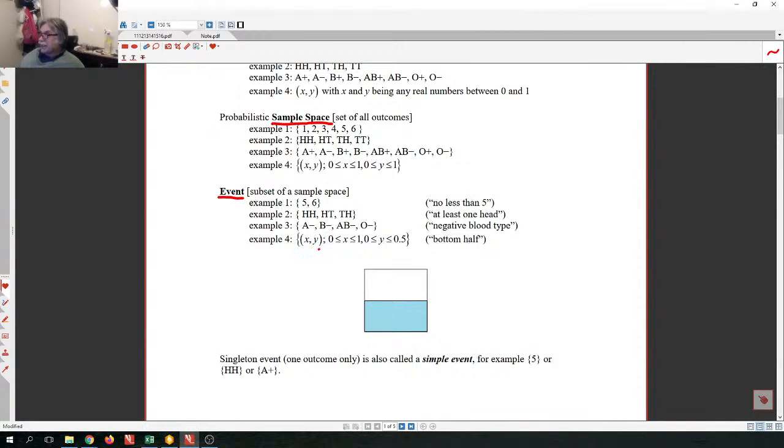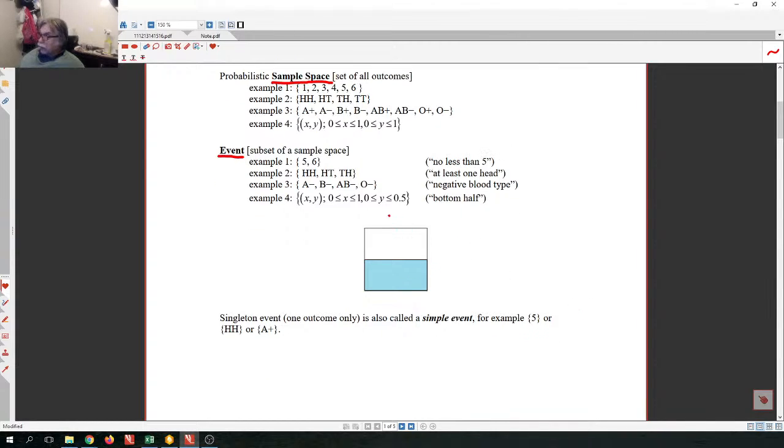So what this says here is the set of all x, y points when x is anything between 0 and 1, but y must be something between 0 and a half, right? Between 0 and 0.5. So it's not going to go above that. So that's the bottom half, basically, right? So again, that's an event. I could take anything else.